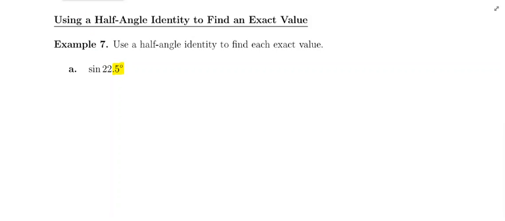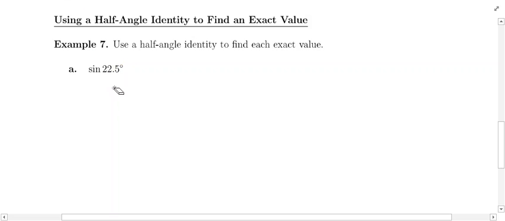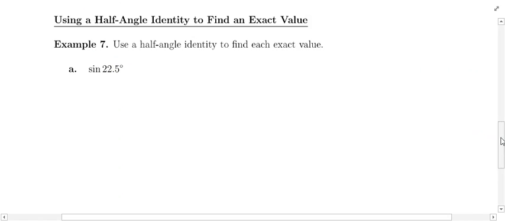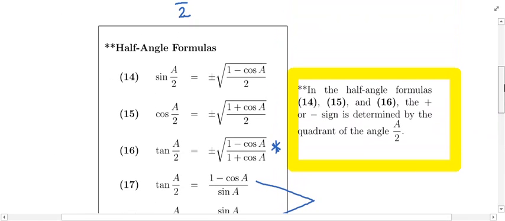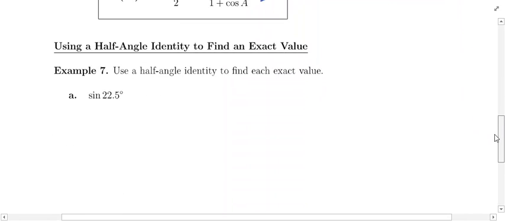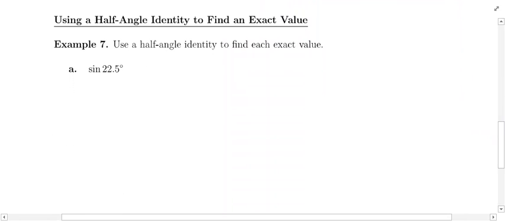What we're trying to do is compute the exact value of the sine of 22.5 degrees. 22.5 degrees is not on the unit circle. So we're going to have to use some kind of identity. You can't plug and chug into a calculator because that'll be a decimal. So we're going to use the half angle identity for sine. There's only one sine formula, so we're going to use equation 14. I'm going to go ahead and jot this down.